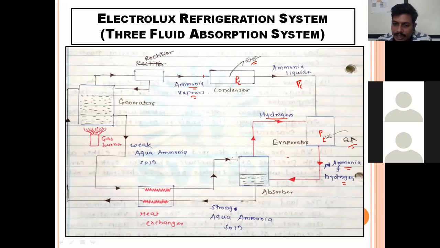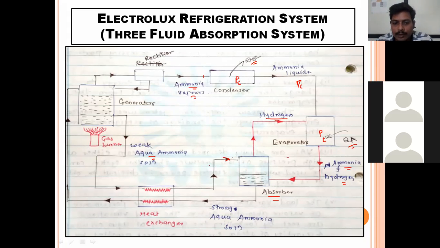Now that ammonia plus hydrogen vapor will be supplied to the absorber. Here, from one end, we are supplying the weak aqua ammonia solution to the absorber.